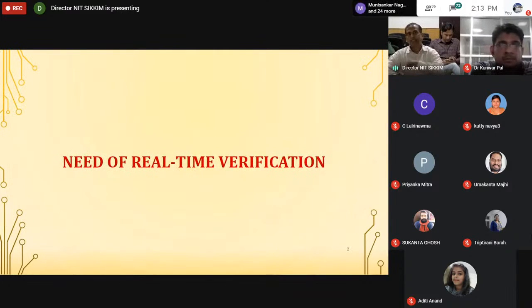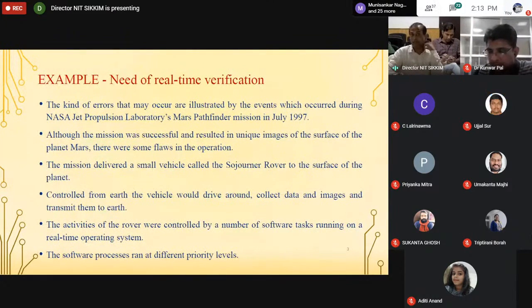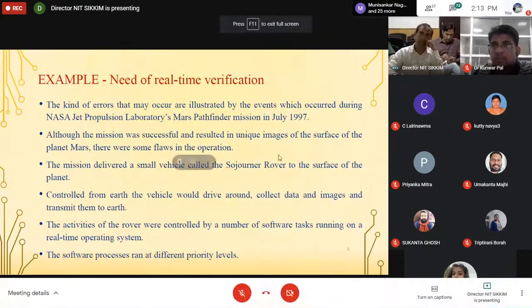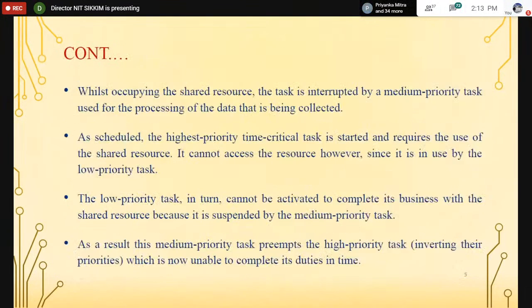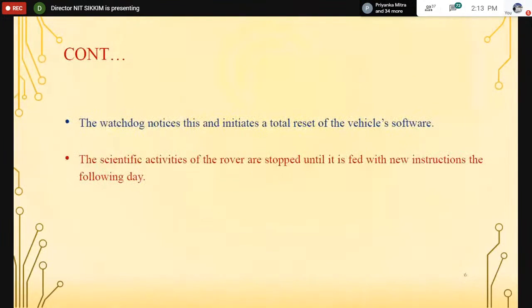Yesterday I discussed the Pathfinder mission, and the Pathfinder machine found itself in a problem because of a priority inversion problem. This is a very important aspect when you deal with the critical section of tasks, or when you talk about task synchronization or resource synchronization in the system, which is very important for distributed systems as well.